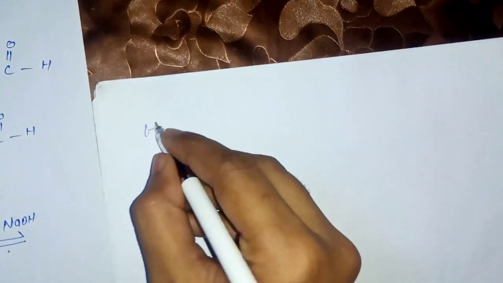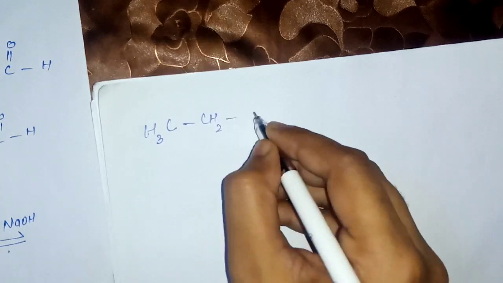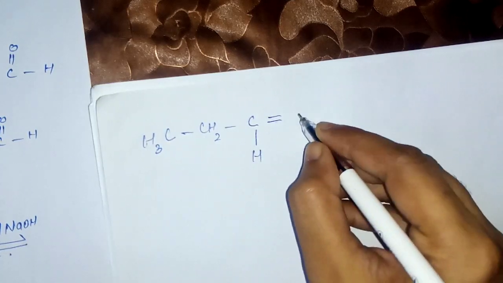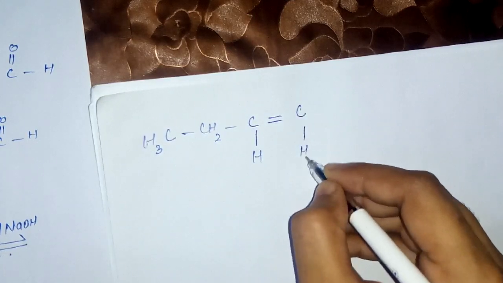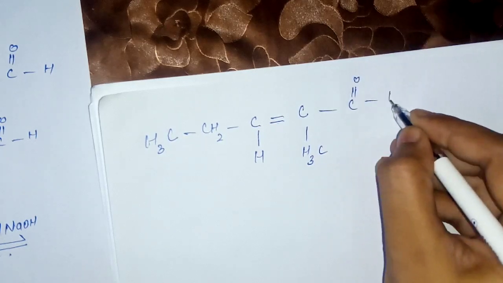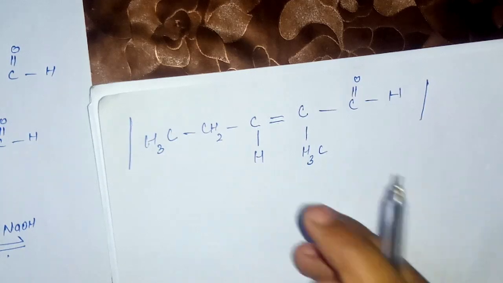up to this bond. So we can write the last product H3C, CH2, C double bond, hydrogen, carbon, H3C and CO and H. So this is called the condensation.